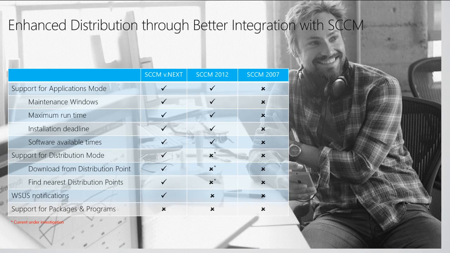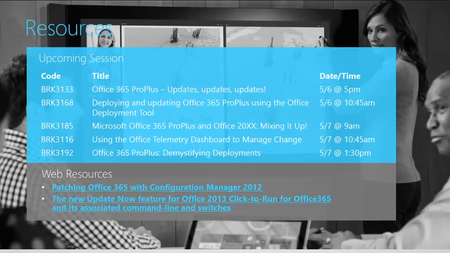So that being said, we have a whole bunch of resources. A couple of things here to check out, right? We have the updates session coming up. It's a deep dive session, so go ahead and check that out. We also have one about the Office deployment tool, which is going to be tomorrow. And then we have the mixing it up session.